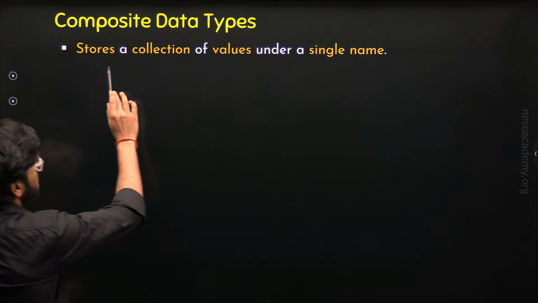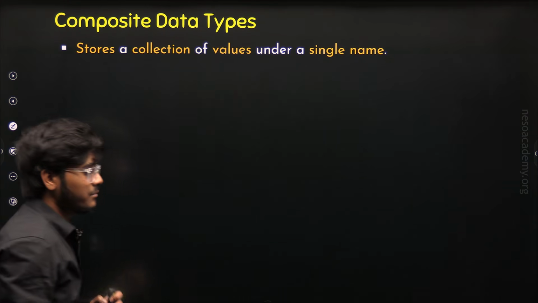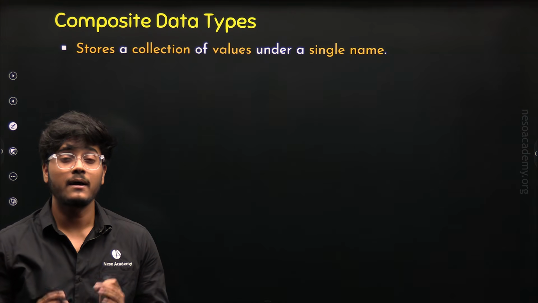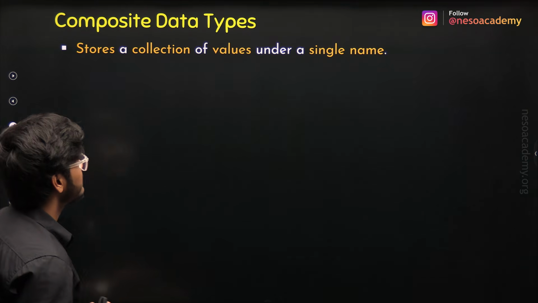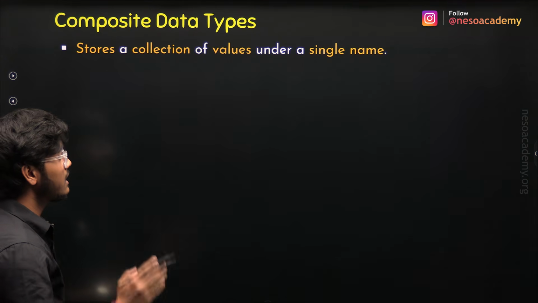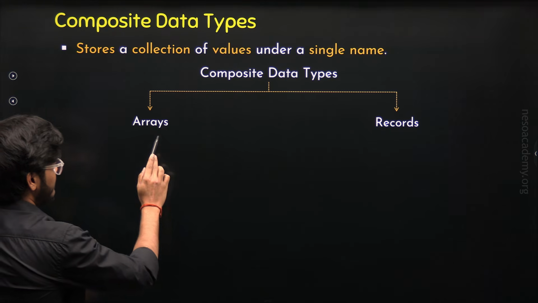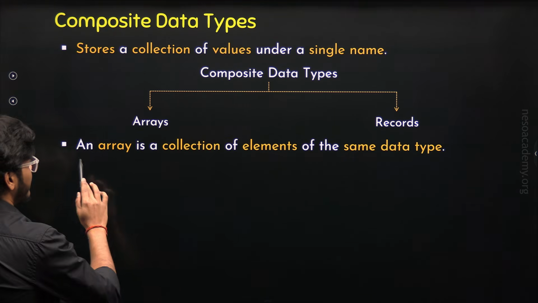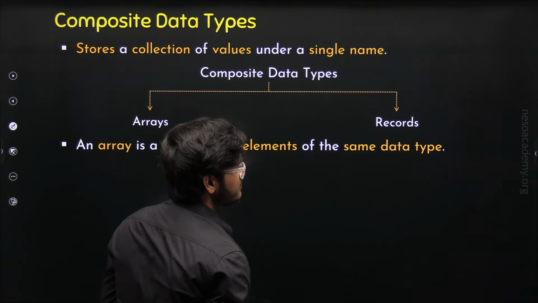Composite data type stores a collection of values under a single name. Means instead of storing one value, composite data type stores multiple values at the same time. That is, composite data type stores collection of values under single name. There are two main composite data types, arrays and records, where an array is a collection of elements of the same data type.